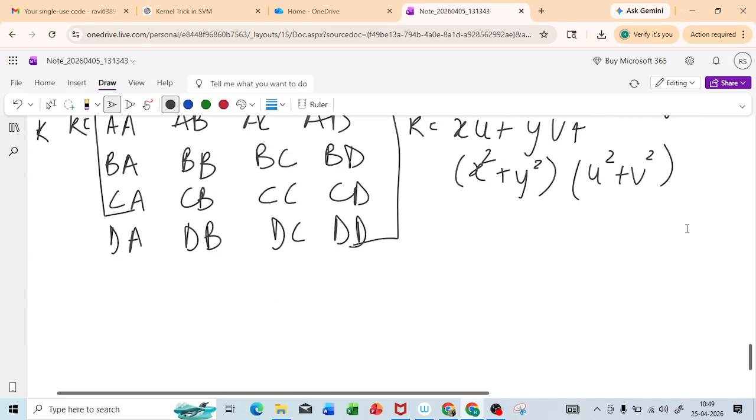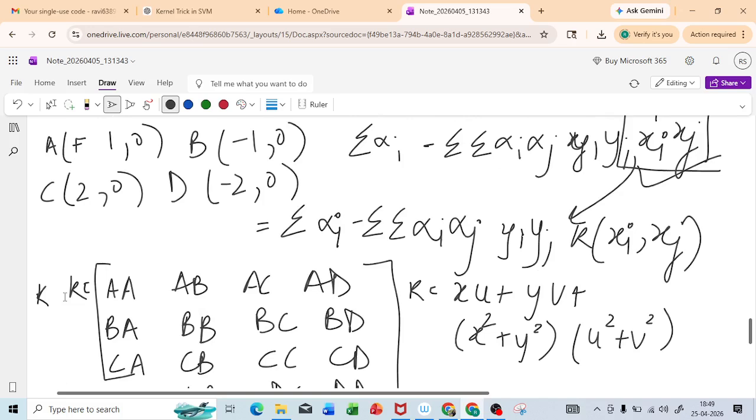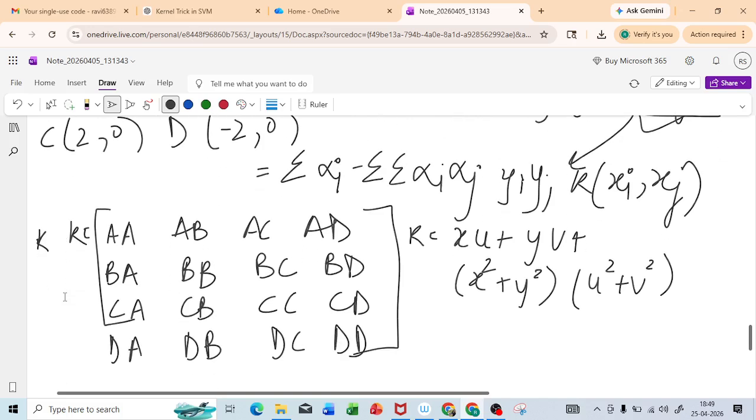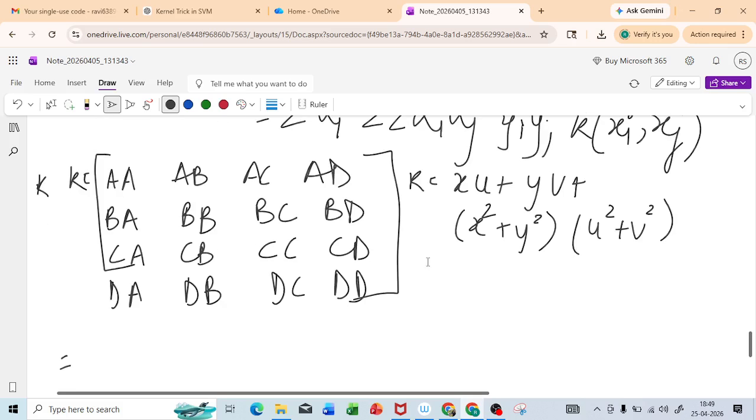Let's do this. Our initial point is A, 1 0, and the second point also becomes 1 0 itself.